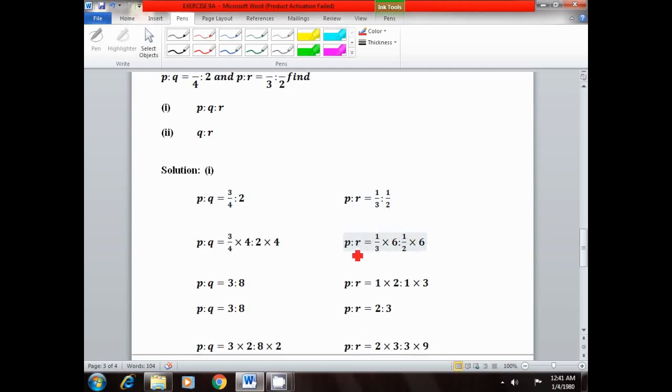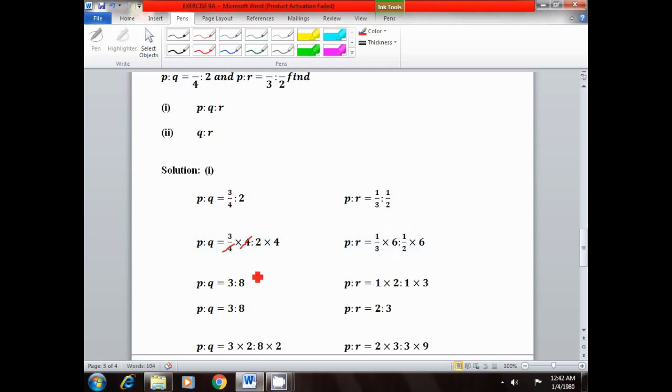Now you see, first quantity 3 divided by 4 multiplied by 4 ratio 2 multiplied by 4, and then on the right side we have the first quantity 1 upon 3 multiplied by 6 ratio the second quantity 1 upon 2 multiplied by 6. Now we have some cancellation. We can cancel 4 by 4.